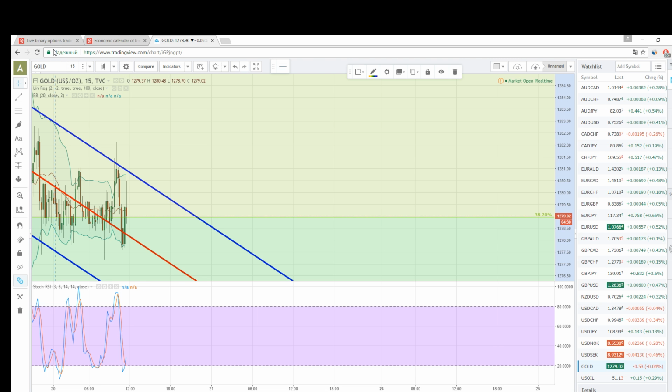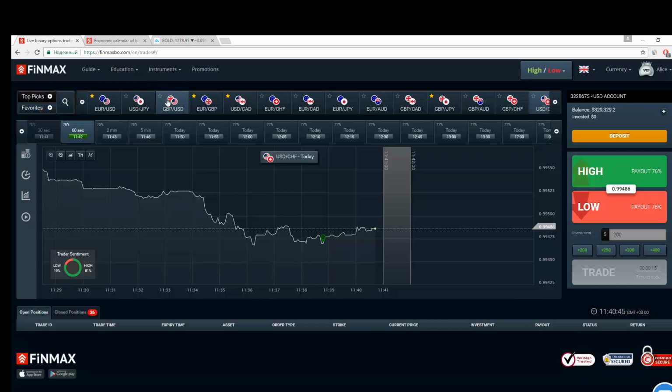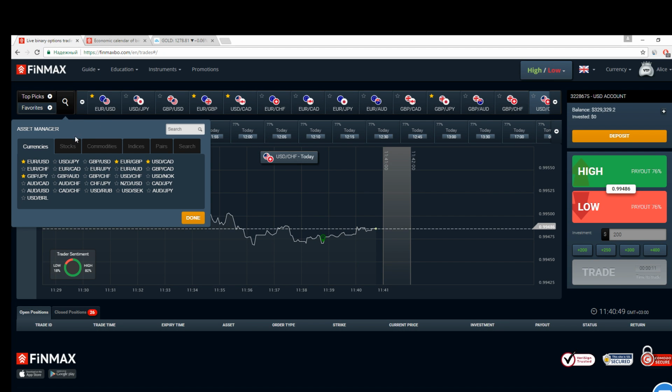Well, the gold for the short time limits, there is like a good option as far as I see to enter for high. Okay, this one, as we see, expired in the money.